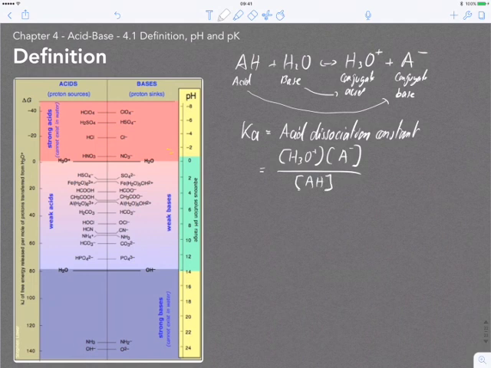The water will be 1. So if you want to simplify, it can also be written as [H+][A-] divided by [HA], knowing that the way you're writing the H+ is a simplification of the hydronium.